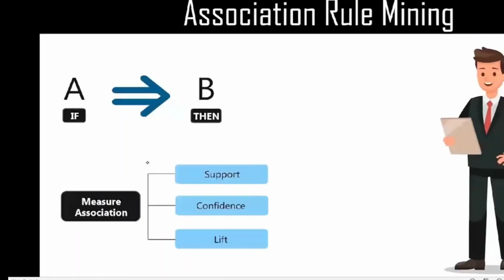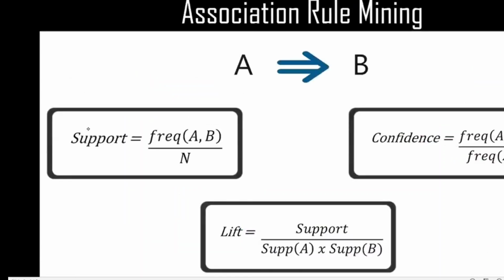So here we are going to measure the measures of association. We measure the association by using support, confidence, and lift. Now let us take an example. Support means the frequency of both A and B divided by the total number of transactions.